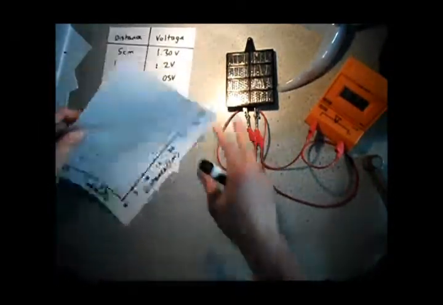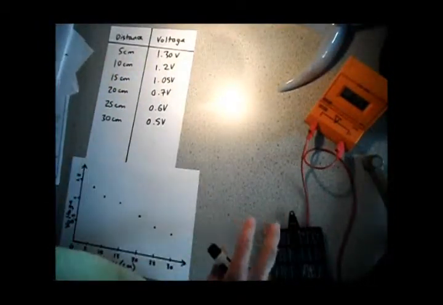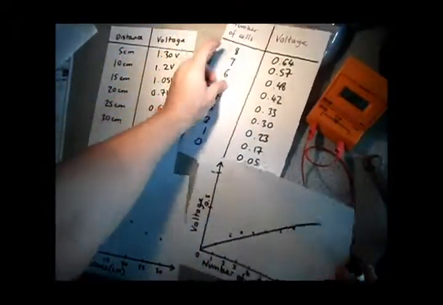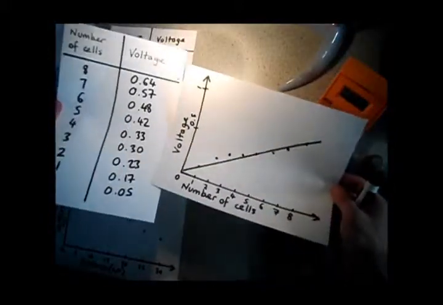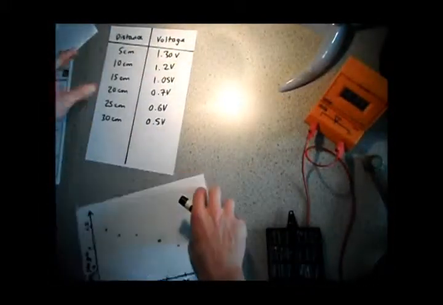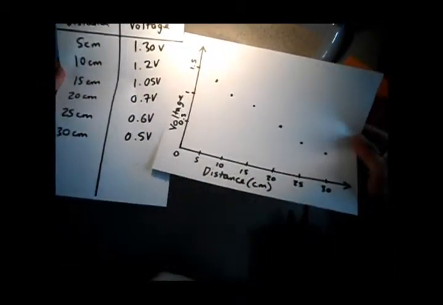So, the 2 things we've managed to find out there are, initially, as the number of cells increases, the voltage created also increases. And as the distance increases, the voltage created decreases.